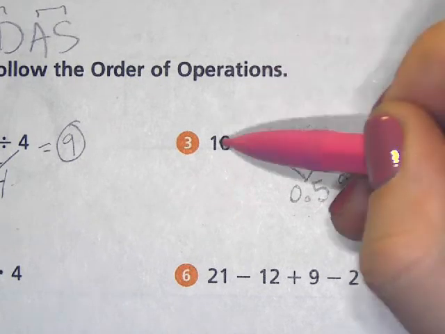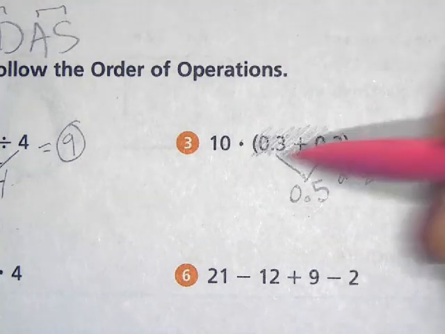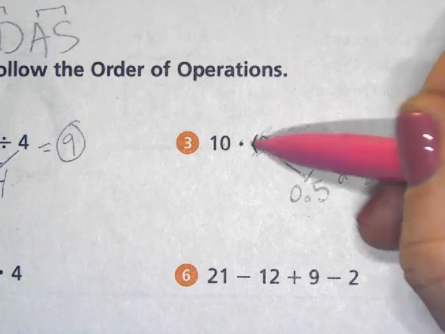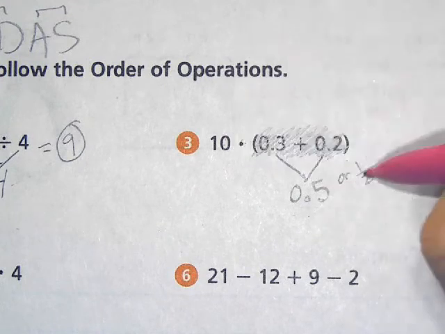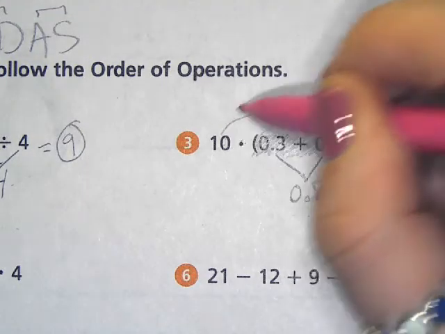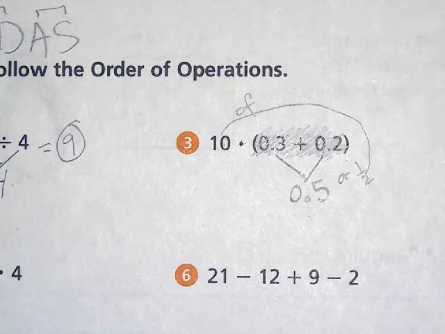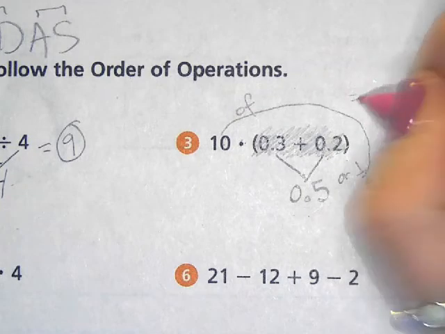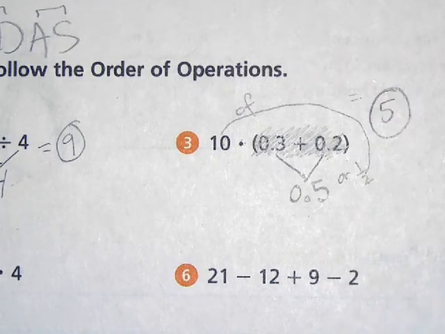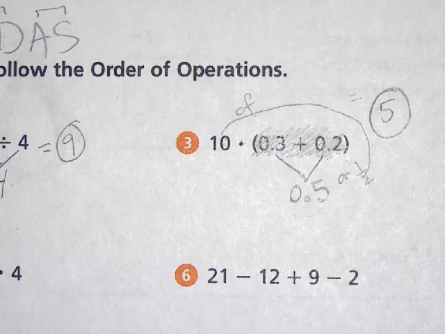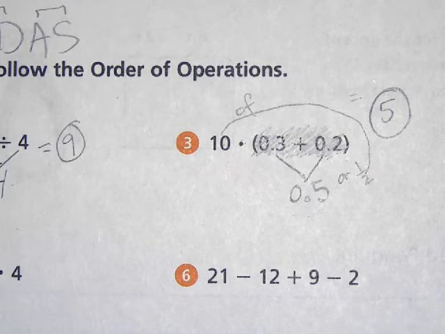So now when I set this up, I can think, oh, what's 10 times a half? Or what's half of 10? I'm going to do it that way. Half of 10. That's super easy. Half of 10 is 5. That's my answer. So it's not necessarily that you have to stack up decimals. Try to use your brain. Try to see if there's ways that you can remember what to do in these kind of situations.